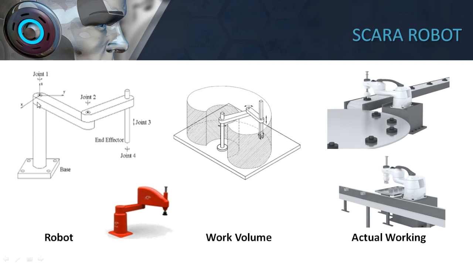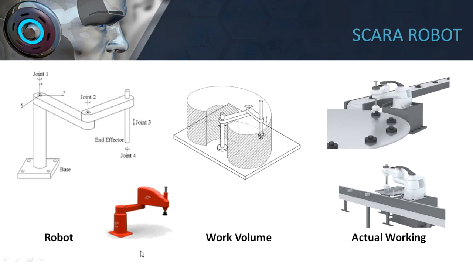It is stationary, fixed at the top end of the column, and it contains the rotational joint. And then joint number 2 is a revolute joint which moves the end effector in the axis which is perpendicular to the input link. And then at the end effector, a linear joint lets you move the end effector up and down.